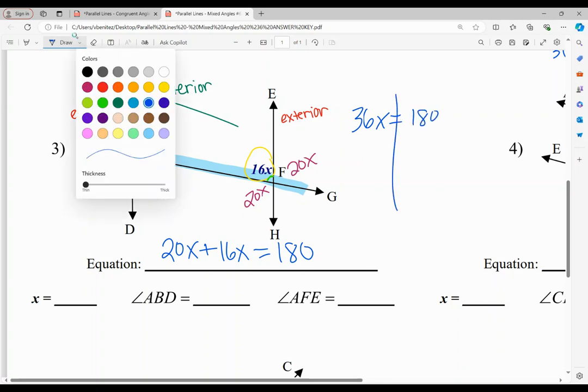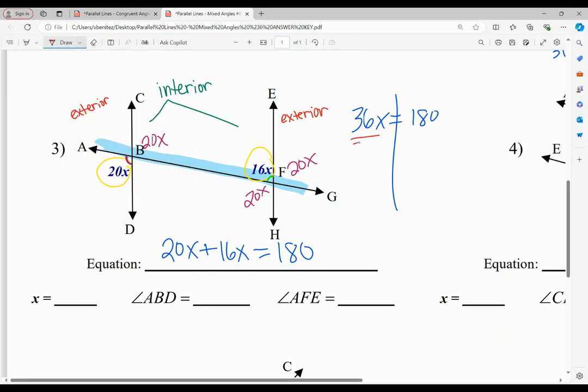And then to solve for x, to isolate the variable, I have to do the inverse. The inverse of multiplication is to divide. So then I'm going to go ahead and divide both sides by 36. So here x is equal to, if I take 180 and divide that by 36, we get 5.